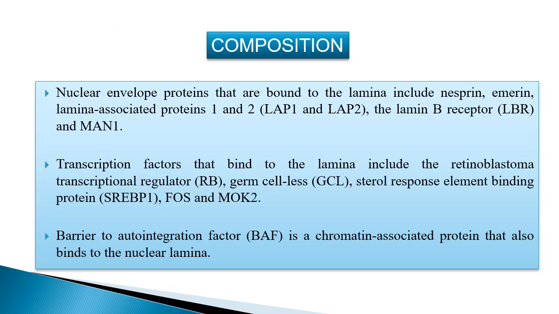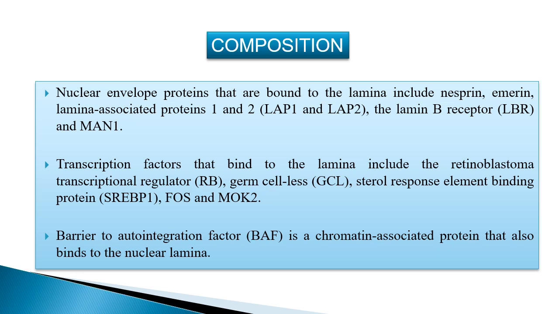The composition of nuclear envelope. The nuclear envelope proteins that are bound to the lamina include nesprin, emerin, lamina-associated proteins 1 and 2, that is LAP1 and LAP2, the lamin B receptor LBR and MAN1 as shown in the figure.